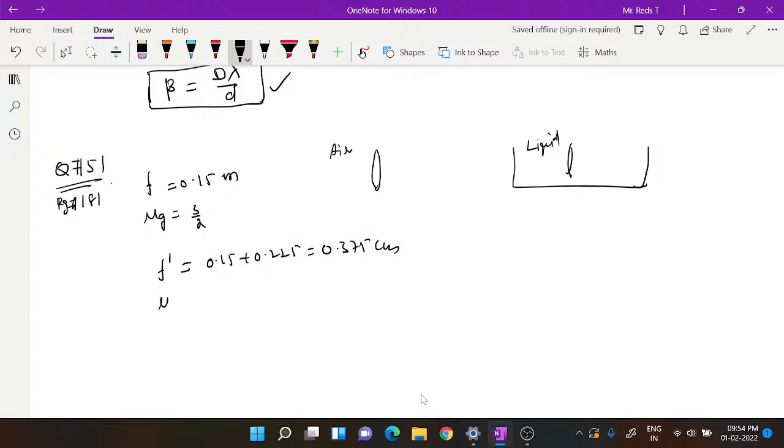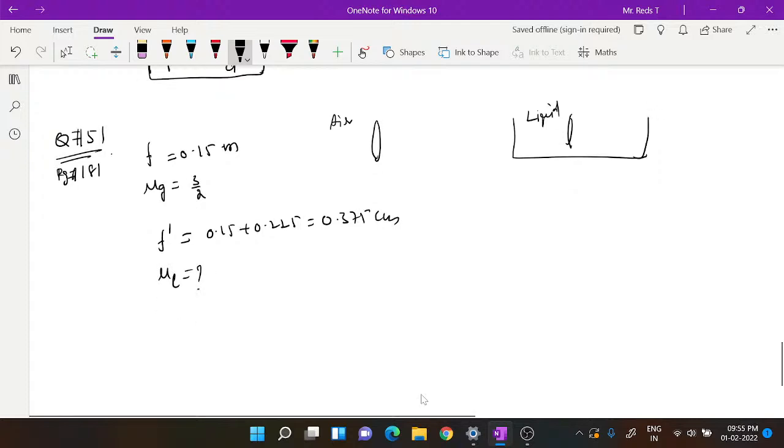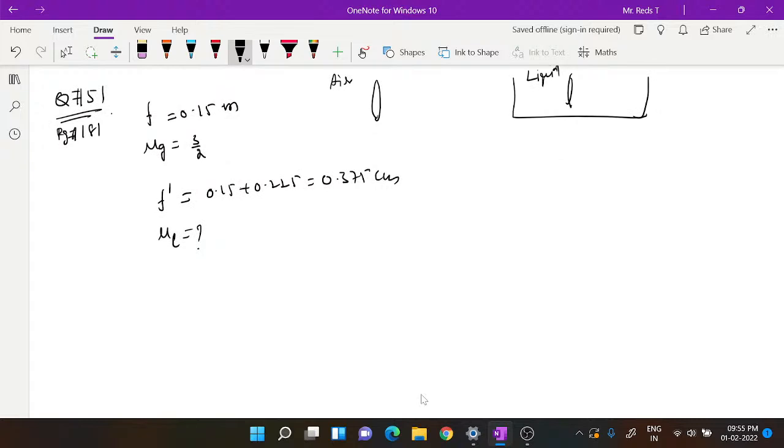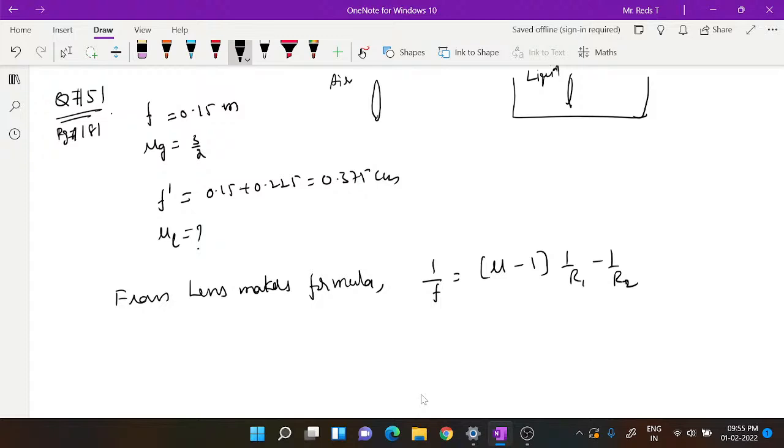And the refractive index of the liquid is what you're asked to find. So to deal with this, we have to use the lens maker's formula. From the lens maker's formula, we know 1 by f is equal to mu minus 1 into 1 by r1 minus 1 by r2, where r1 and r2 are the radii of curvature of both surfaces.